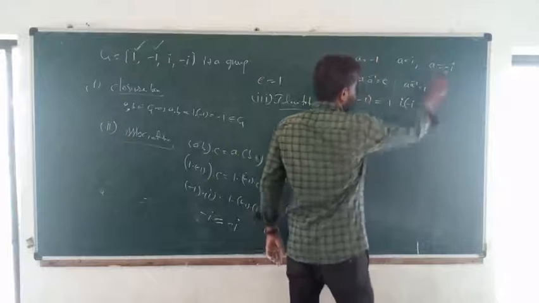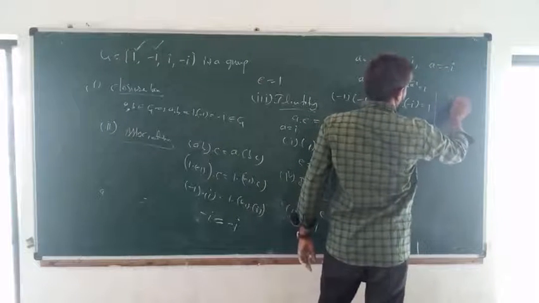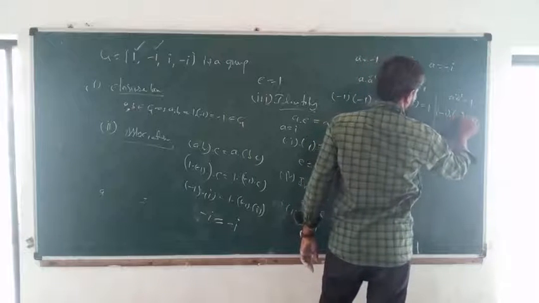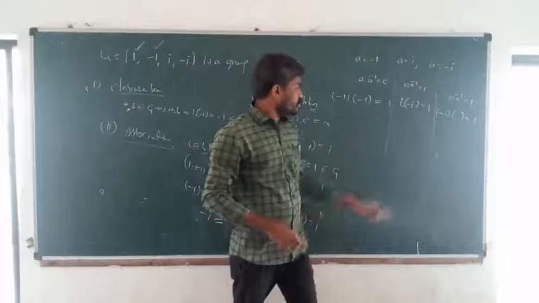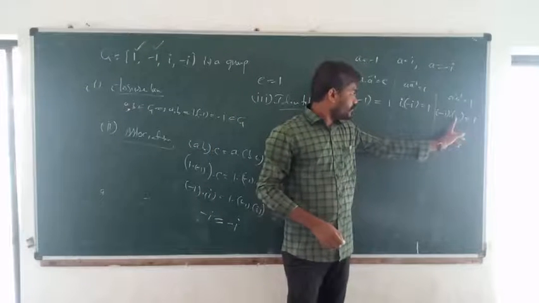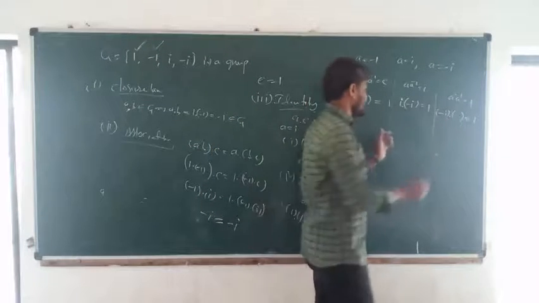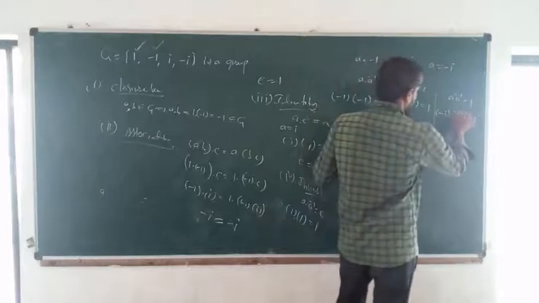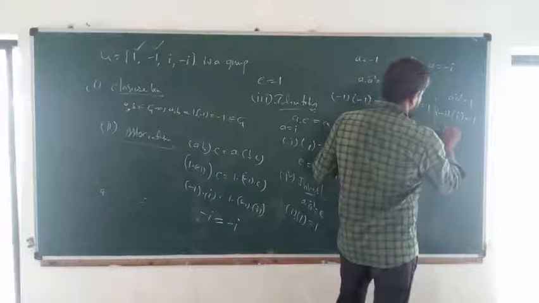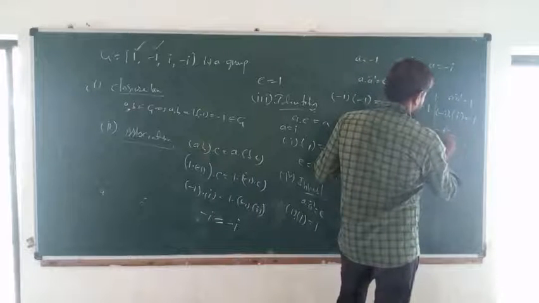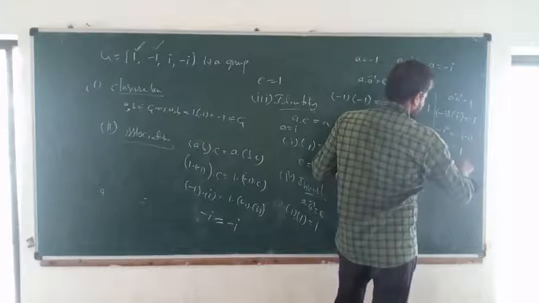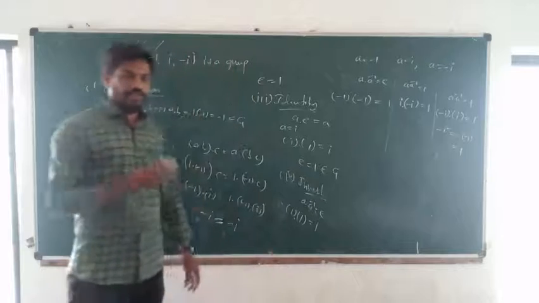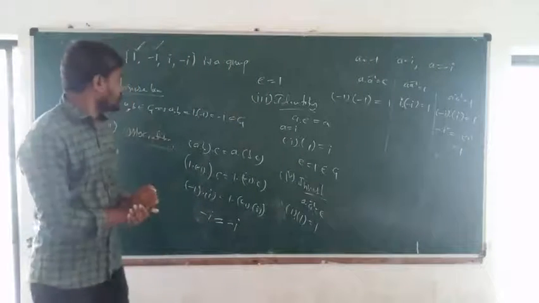Is it satisfied? Next, a equal to minus i: minus i into i, where i square is minus 1, so minus i square is plus 1. Possible. So for each element you can select a different element, and it is the inverse also. That is important.